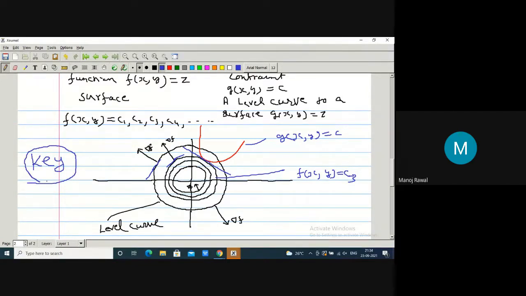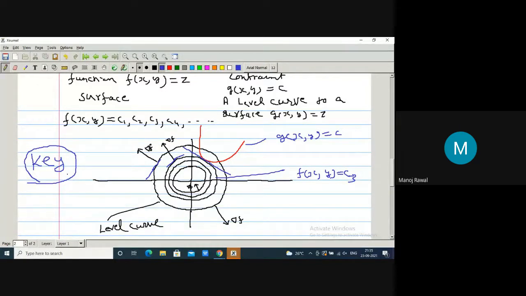Okay, what can you say about their normal? Now tell me, come on, you have got the hint. Same direction, and hence same normal, common normal, or scalar multiple of the other, because they are going in the same direction.